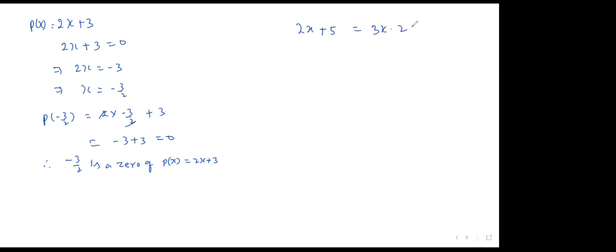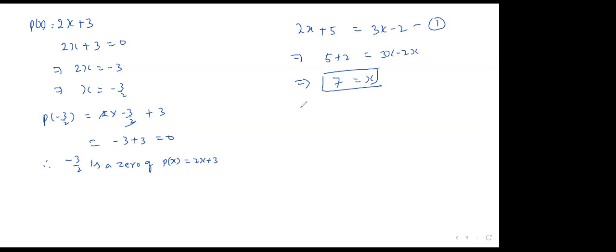We need the value of x which satisfies this equation. We bring all x terms together, so we have 5 plus 2 equals 3x minus 2x, so 7 equals x.